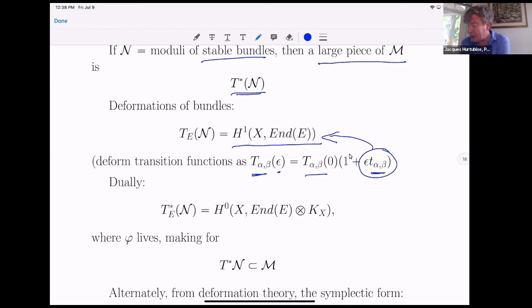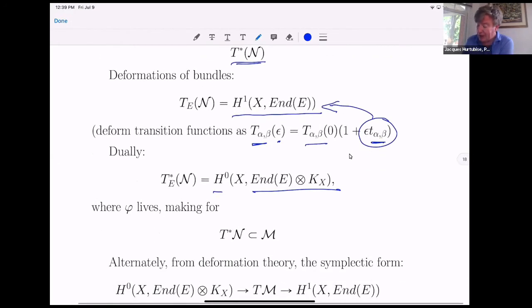So it's naturally an element of H1 of the endomorphisms. And then dual to this, with Serre duality, is the space H0 of End tensor K_X, which is the Higgs fields. So what you're getting is something that looks a lot like a cotangent bundle, but has some extra stuff stuck in around the edges that makes it not quite compact, but a little bit more compact. So some directions get closed off.